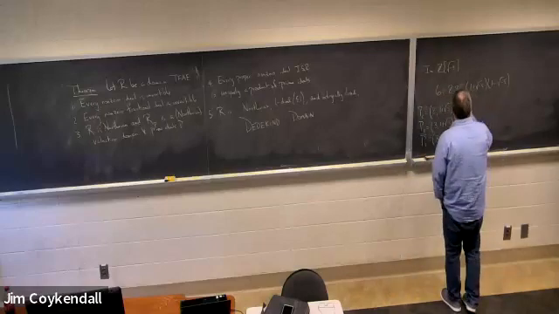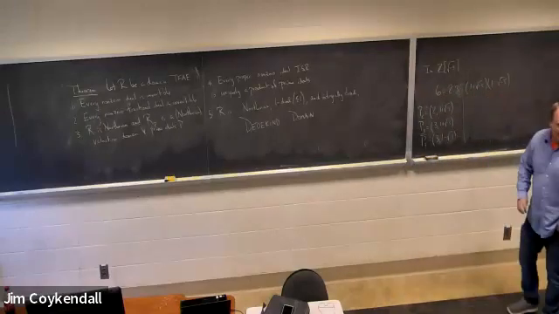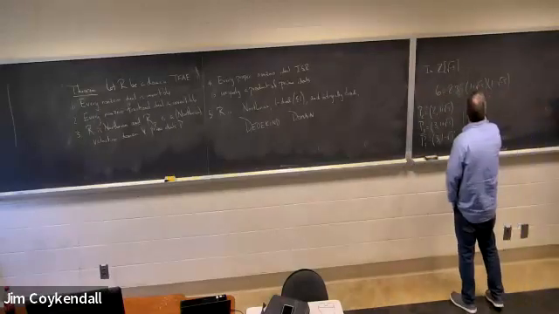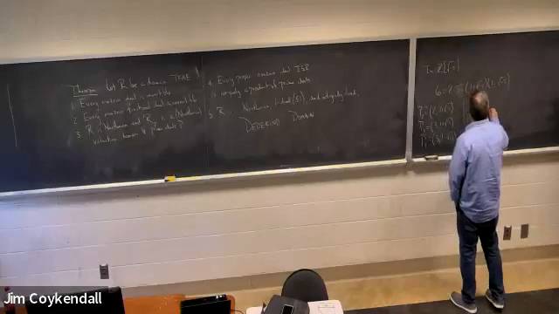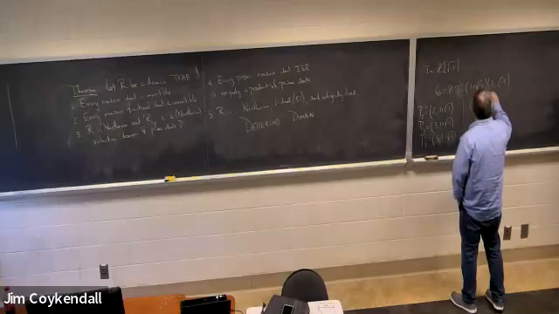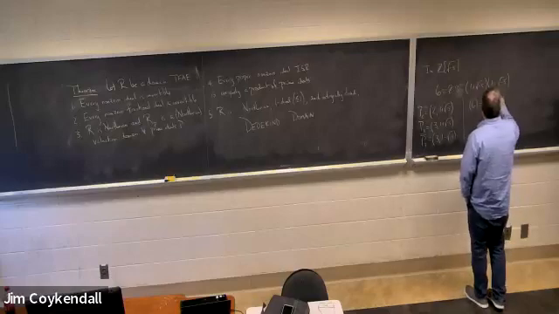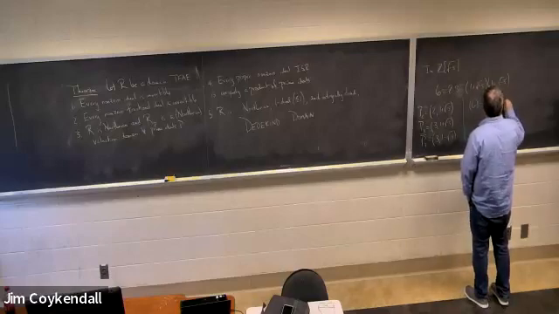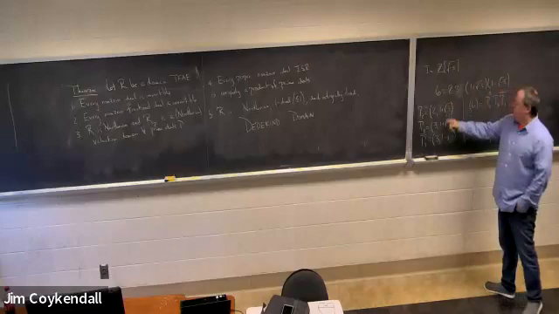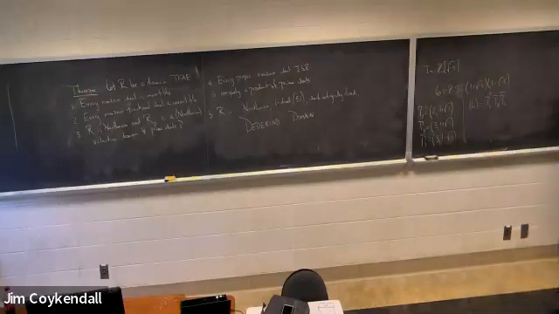It turns out, and you can check this yourself, it's fun, the ideal generated by 6 in this ring is P2 squared times P3 times P3 bar. Just take these ideals and multiply their generators: 2 copies of the first one and then the last 2 multiplied together, and you will get the ideal generated by 6.